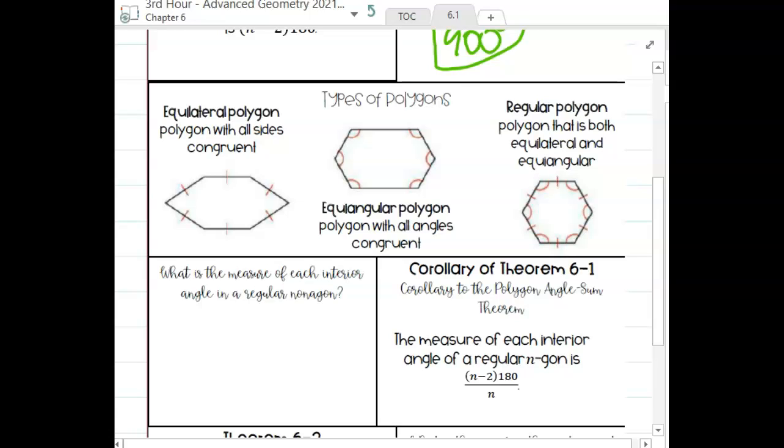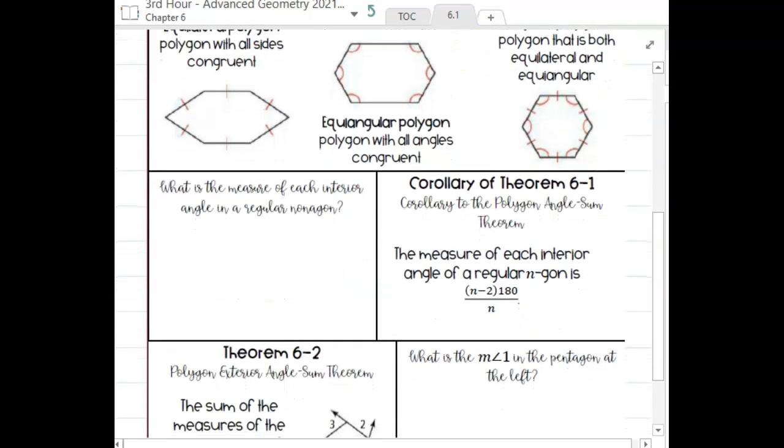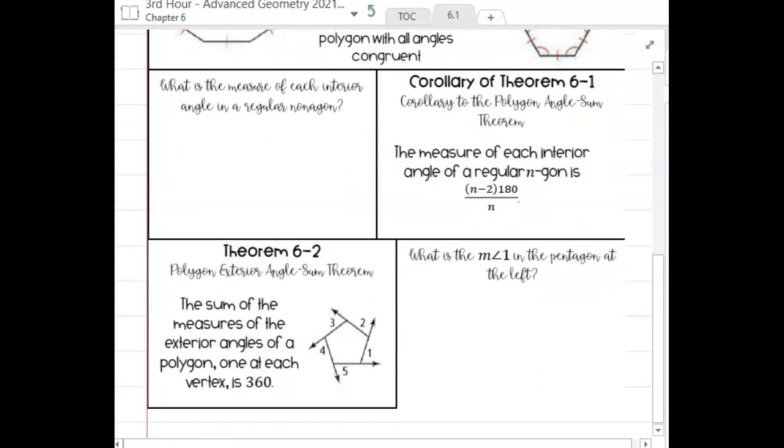Now, if it happens to be equilateral and equiangular, meaning all the sides and all the angles are congruent, then it is what we call a regular polygon. These are going to be the polygons we're pretty interested in today. There are going to be a lot of cool things about regular polygons when all the sides and all the angles are congruent. So, for example, the corollary to the theorem we just talked about. Remember, the theorem we just talked about said, here's how you're going to find the sum of the interior angle measures.